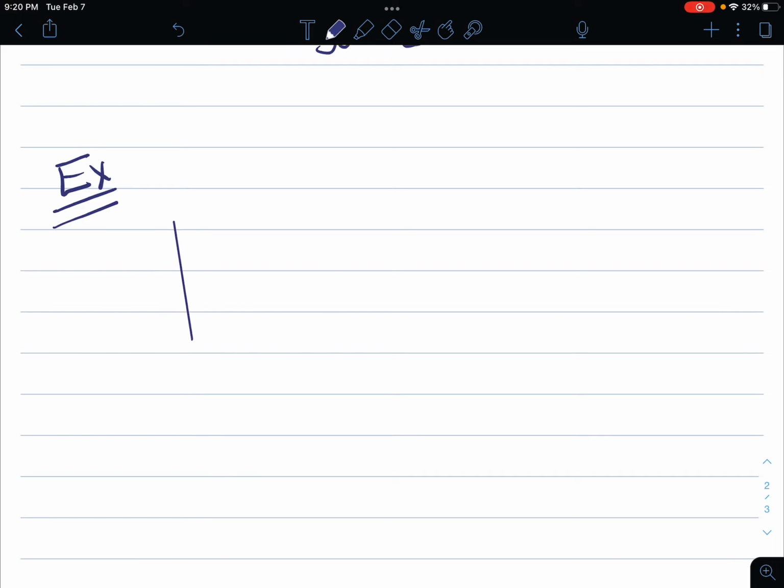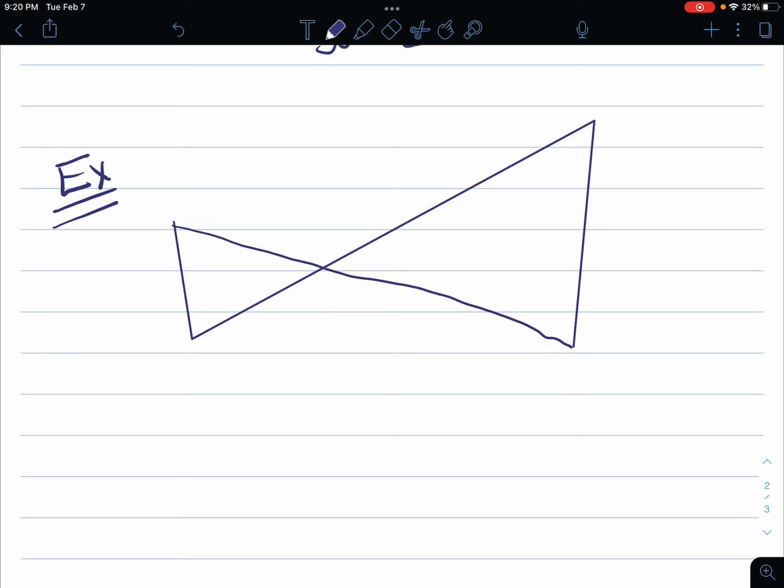So you're going to be given 2 triangles. I'm meaning these to look pretty, so just kind of bear with me here. Okay, so here I have 2 triangles.